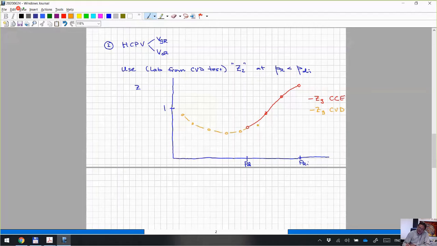But what's going on with these is that for the CCE, the gas composition is constant, whereas below the dew point, the gas composition from the CVD is changing with pressure. So the change of Z factor with pressure has 2 effects. It has the change in pressure, which gives a change in Z, but it also has a change in composition. So it's got 2 effects causing it to look like this, and it should be extrapolating towards 1.